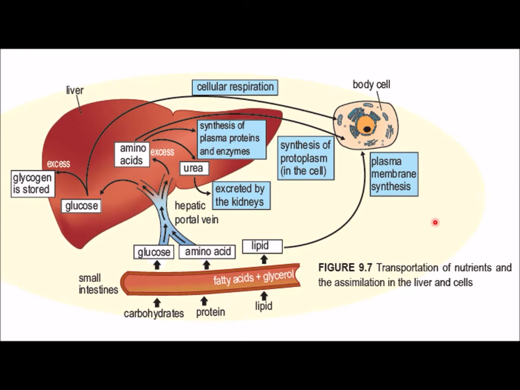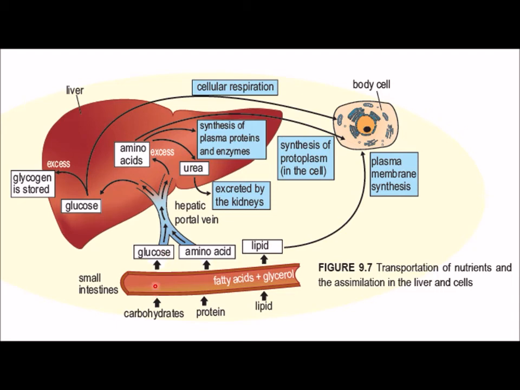As I said before, assimilation happens in two places. First is in the liver, and then the second place is in body cells. So in the liver, we look at the nutrients one by one. First we look at glucose.